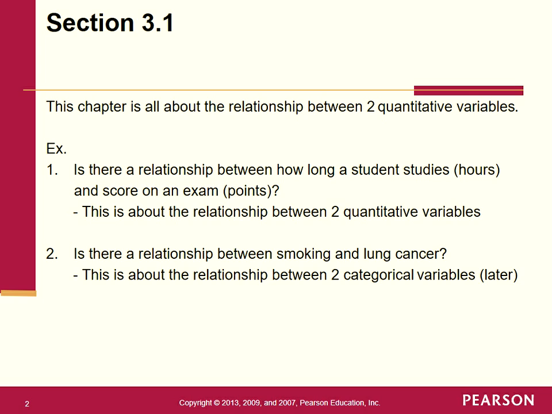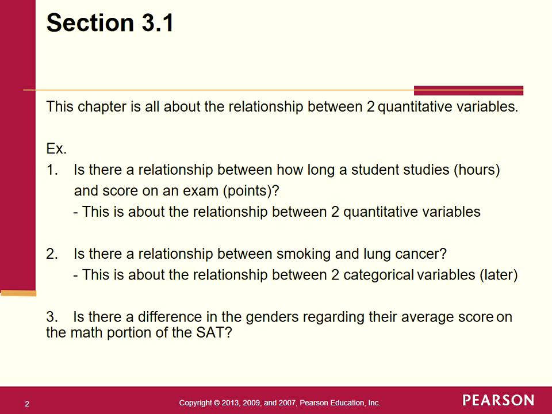Notice this one. Is there a difference in the genders regarding their average score on the math portion of the ACT? Here we have one categorical variable, gender, some people refer to it as sex these days, and then average score, so we have a quantitative variable.